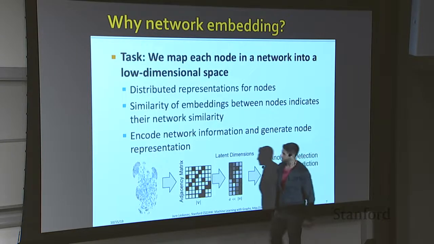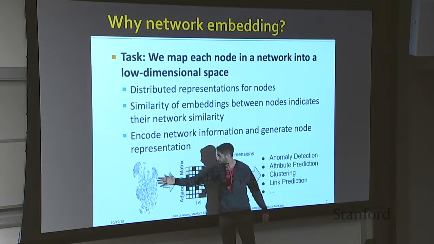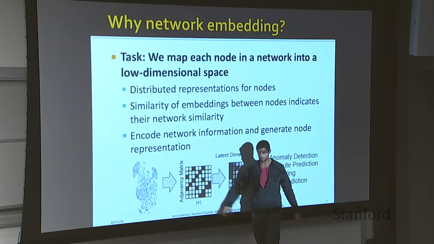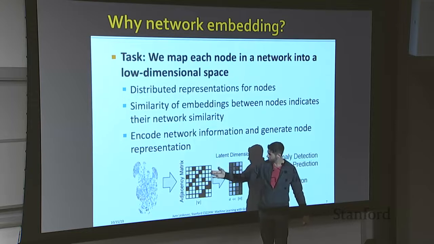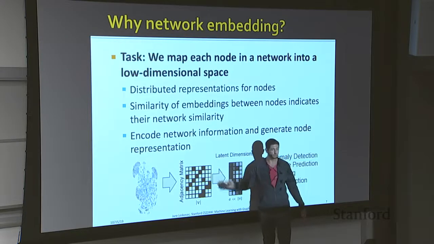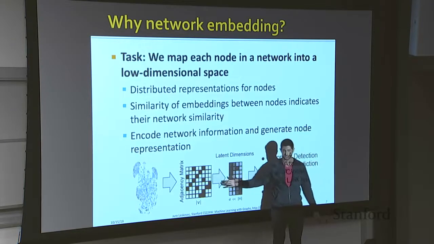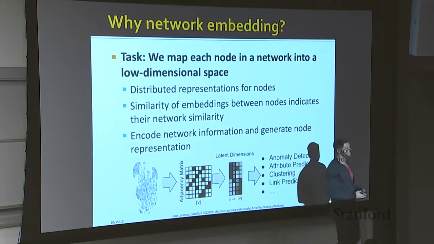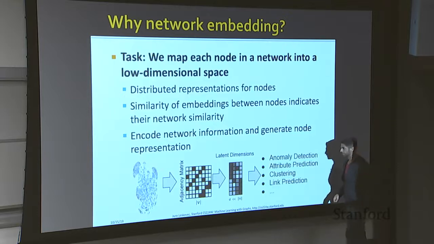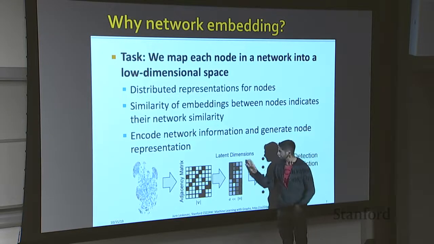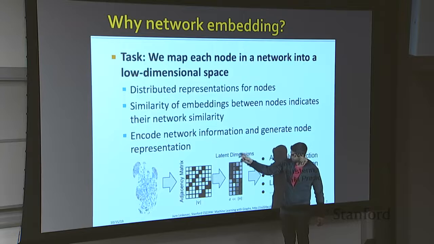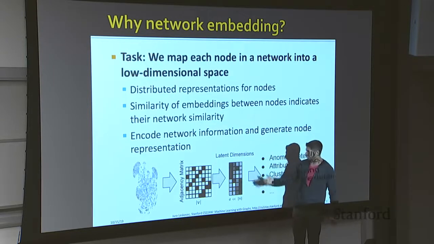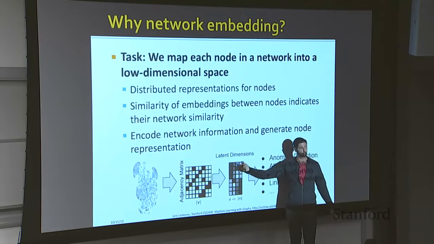So once again, this is the pipeline. We go from a large graph, and first of all, we can build our adjacency matrix. This is the kind of representation that we don't like to work with directly because, as you remember, it tends to be very sparse, and at the same time it is also very large, so it's very expensive to maintain as a data structure. Instead, we want a more compact representation where the columns are no longer all the possible nodes in the graph, but rather what we call latent dimensions.